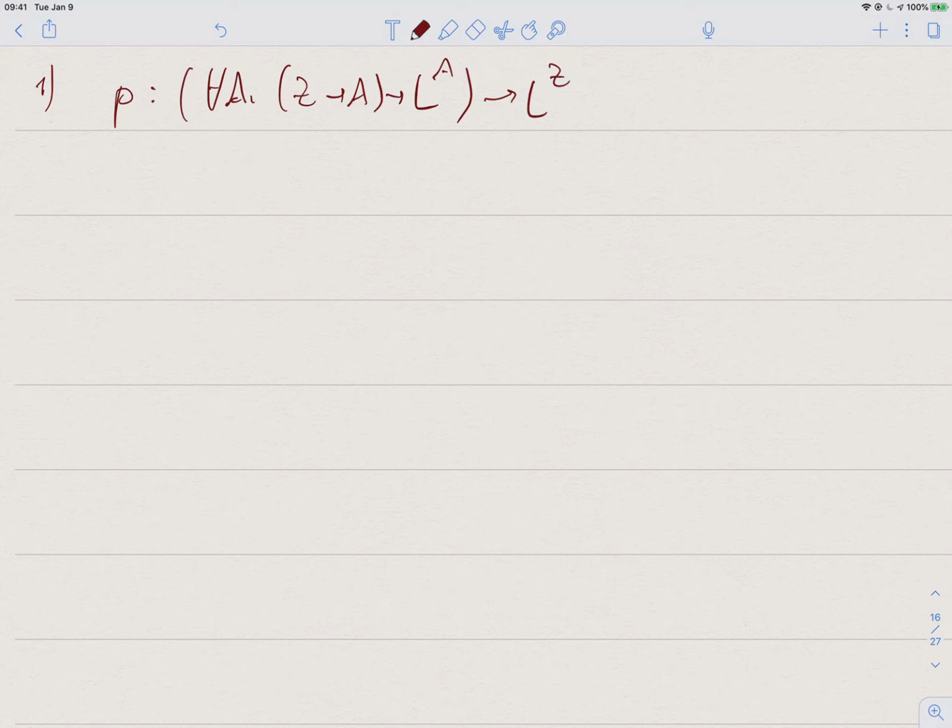So how do we implement this function first of all? Well, this P is a function of one argument.